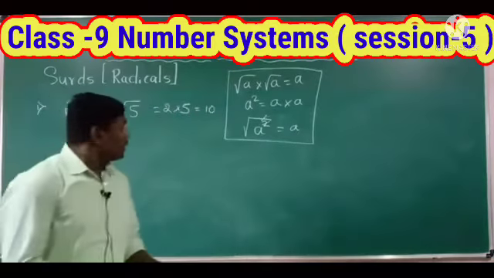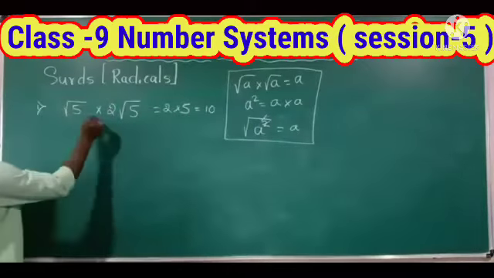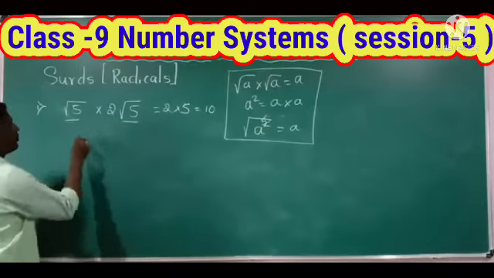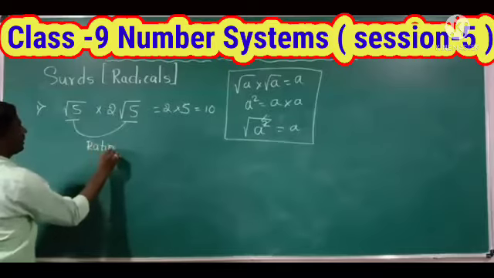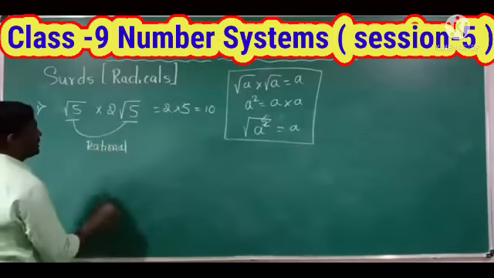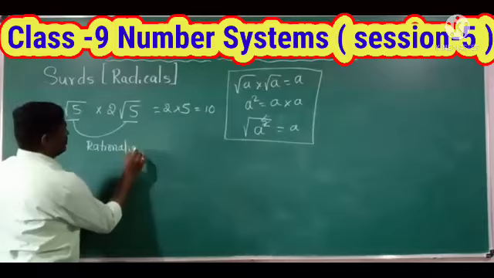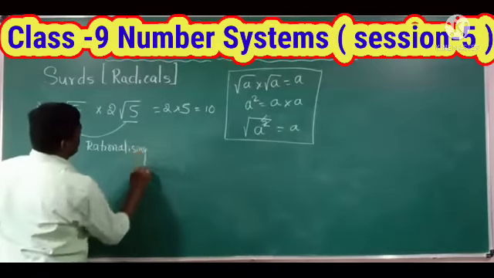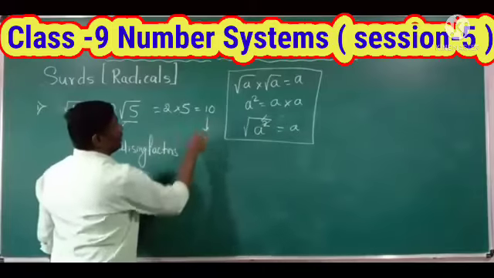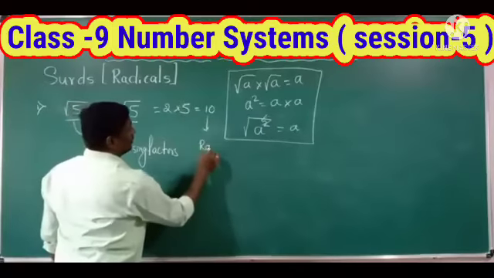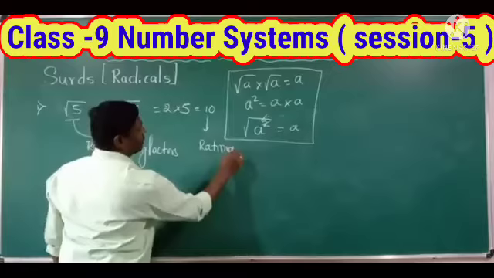Here root 5 and root 5 are called rationalizing factors, and 10 is called a rational number.